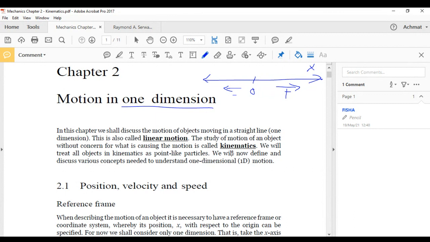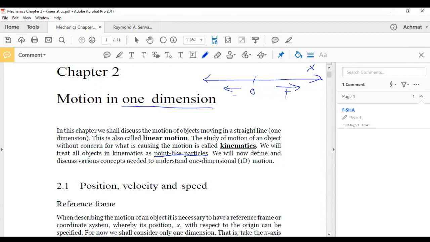When we look at an object moving, for example a car moving, or you or myself walking somewhere, it's a big object. We are not going to look at the object, we are only going to think of a point. The objects that we are looking at, the objects that are moving, just think of it as being a point. That is a bit of a simplification, but it will help us for the moment.